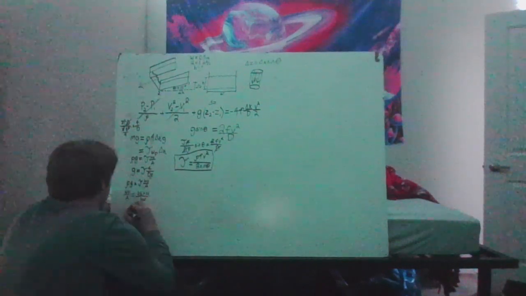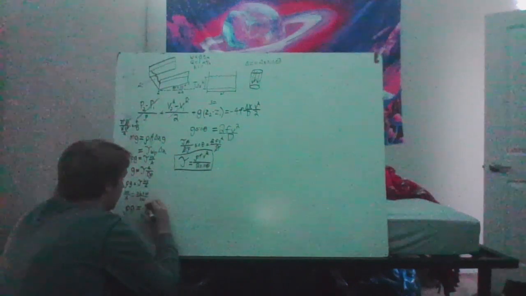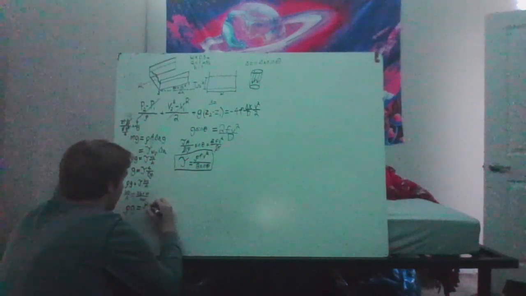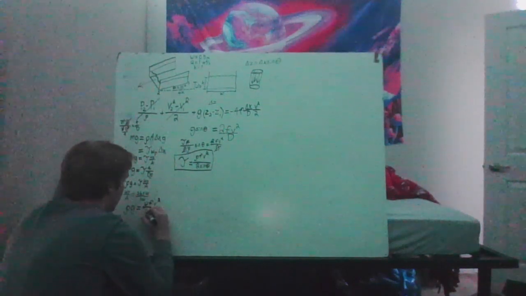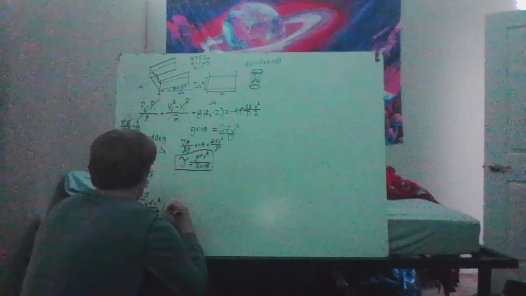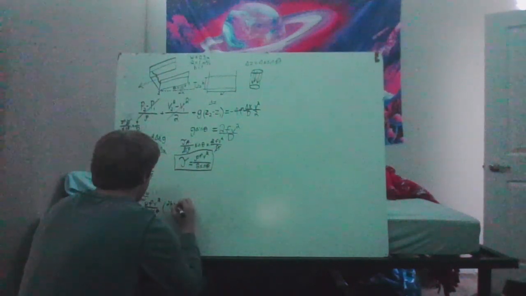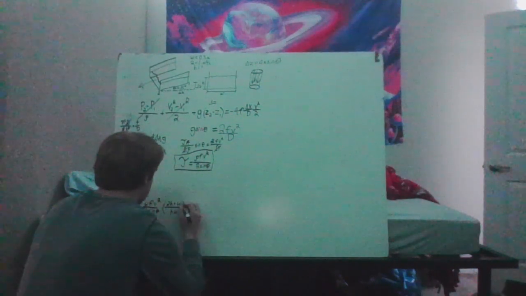and then we will end up with rho g equals rho f v squared over 2 sine theta, and then our 2h plus w over hw.